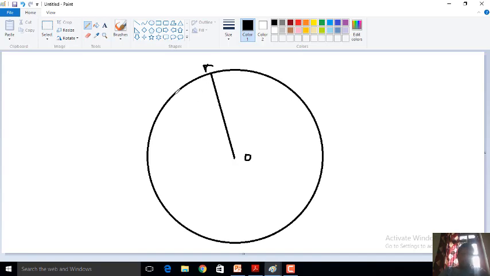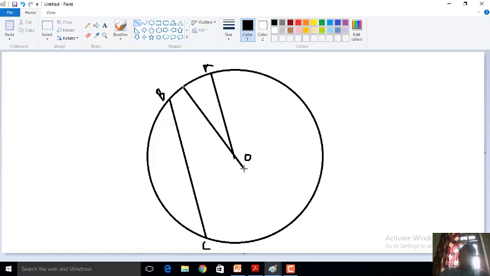Now, if we join any two arbitrary points on the circle, the line segment that we obtain is known as chord of the circle.